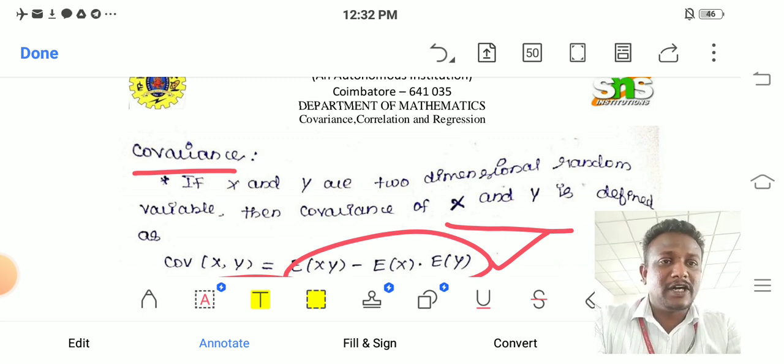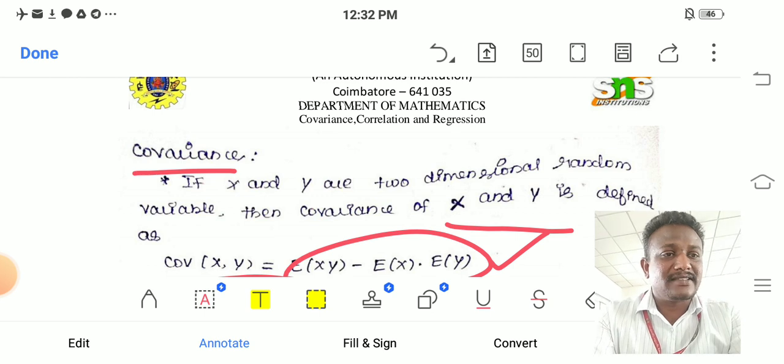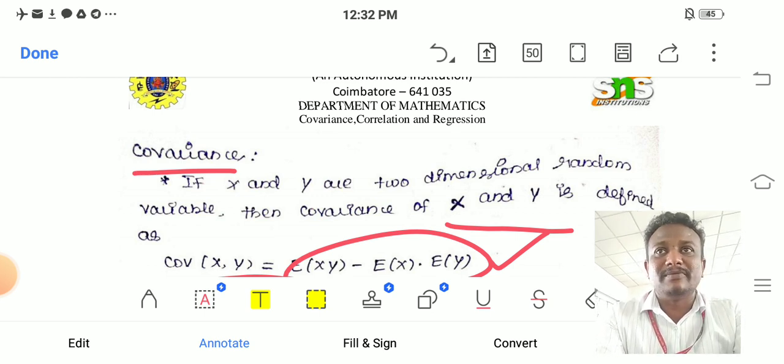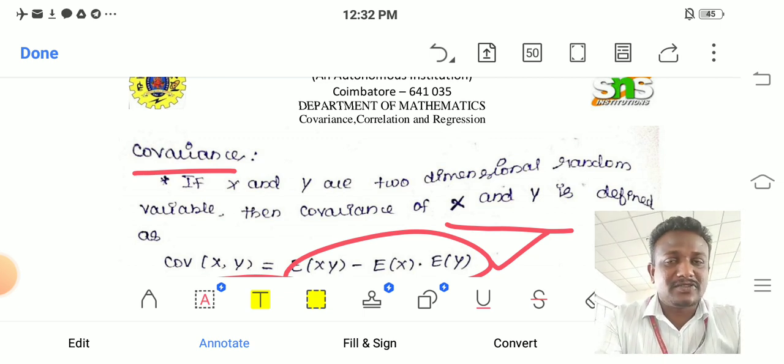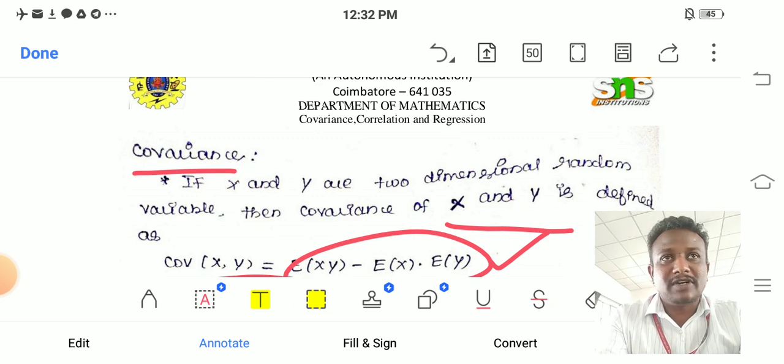So now, what do we mean by covariance? Covariance means the difference between two random variables. Calculating this is called covariance. Suppose you just imagine you have two coins. When you flip two coins, what is the sample space?